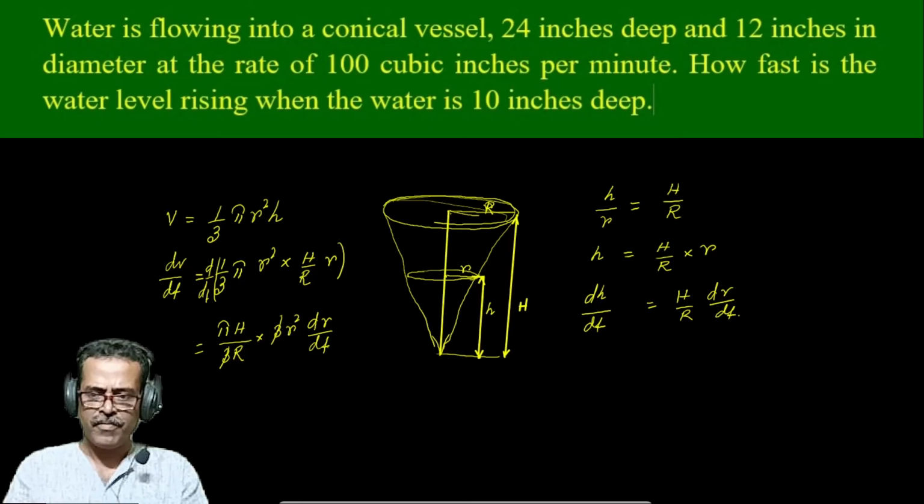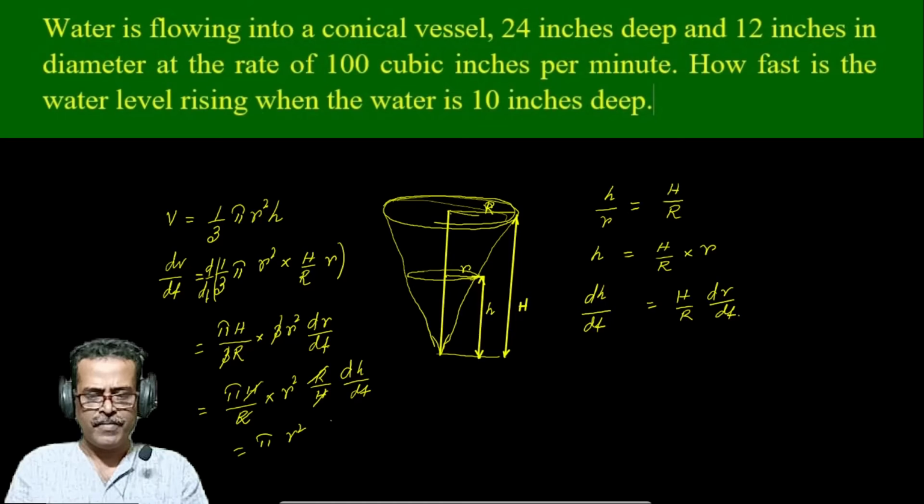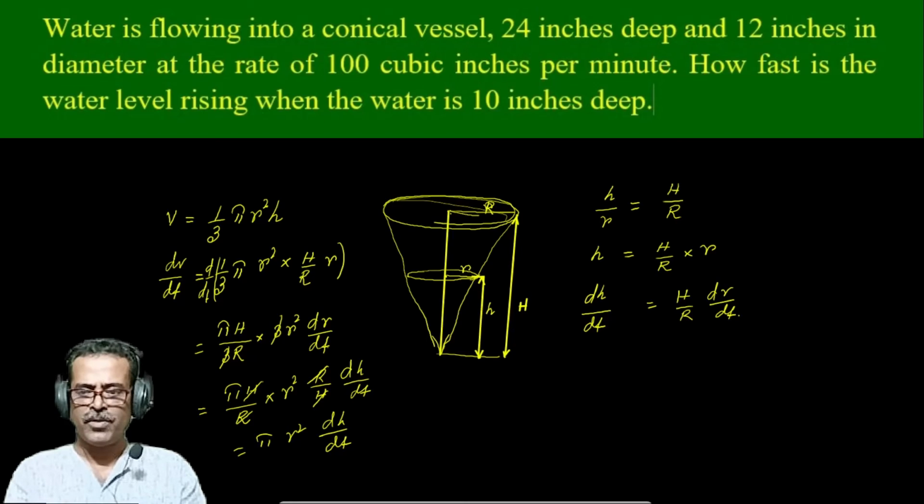So we can put dr/dt is equal to R by H dh/dt. So R cancelled, H is cancelled, dV/dt is equal to pi r square dh/dt. Now we have to find small r from this relation.